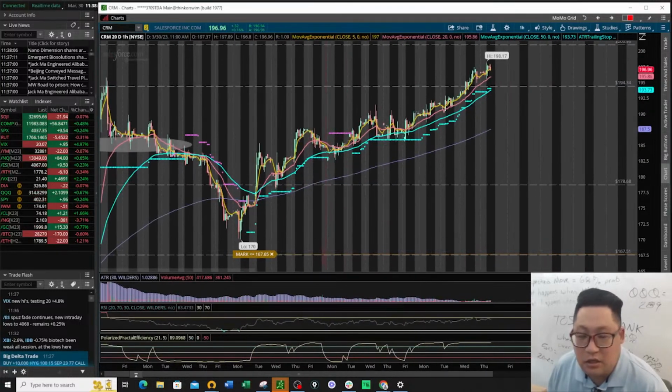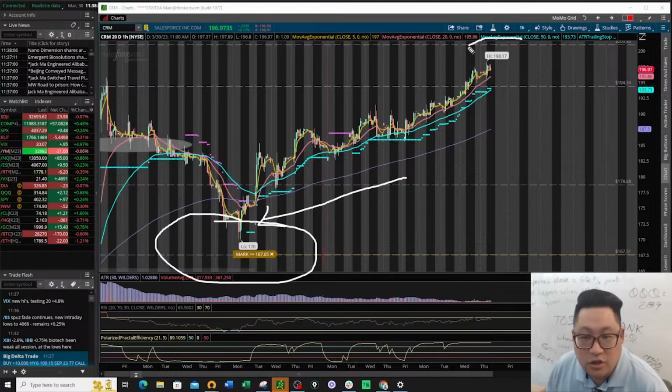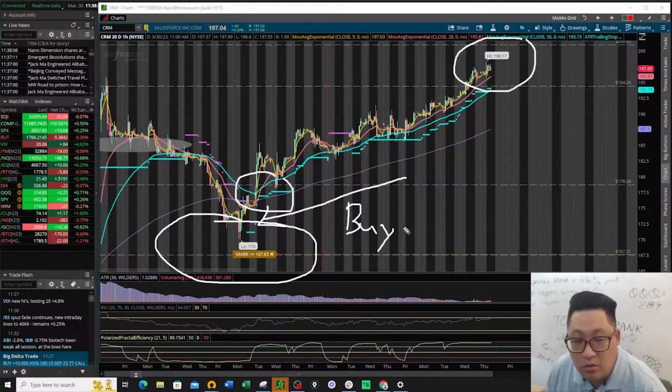The idea here is that this was closer to the bottom of the chart, and we are now trading towards the higher portion of the chart. So this is a situation where we get these crossovers where we are looking to buy low and sell high.